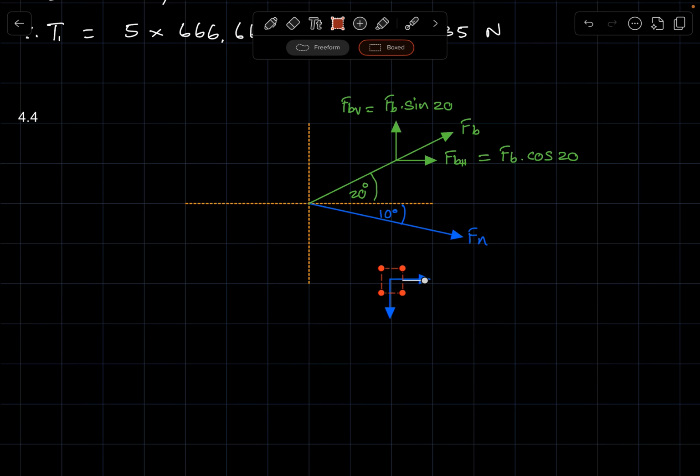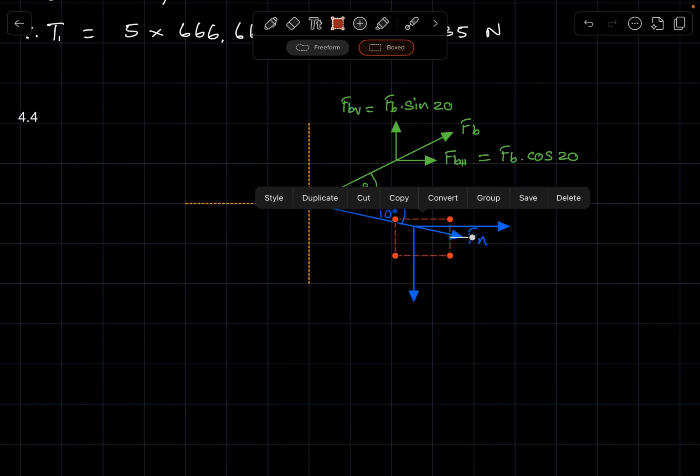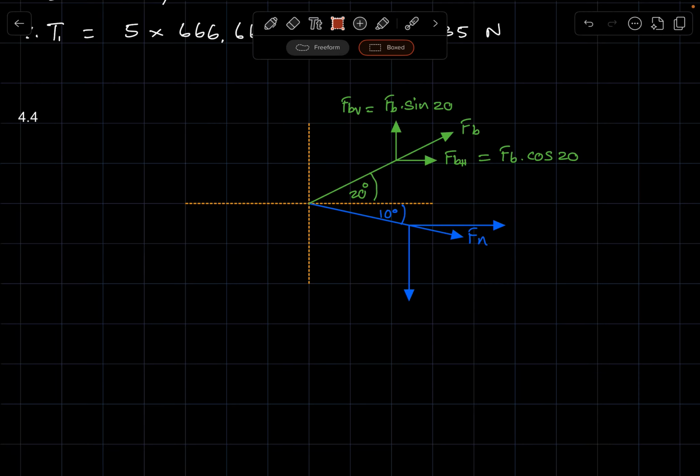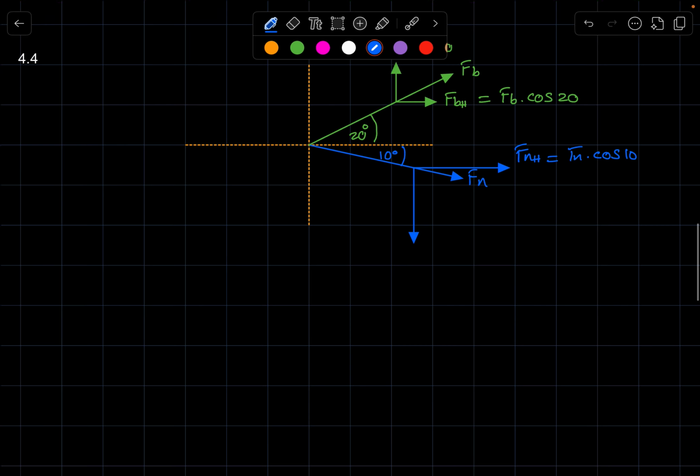So which means that the normal force, or the horizontal component of the normal force, so Fnh, is equal to the normal force cos 10 degrees, and the vertical component thereof will be the normal force sine 10 degrees.